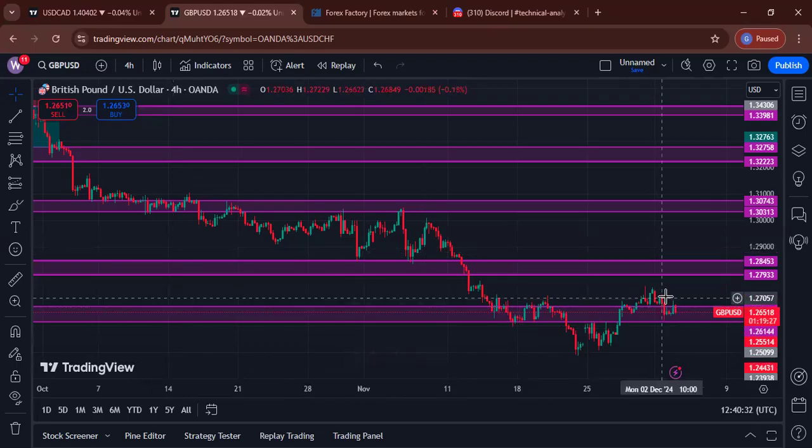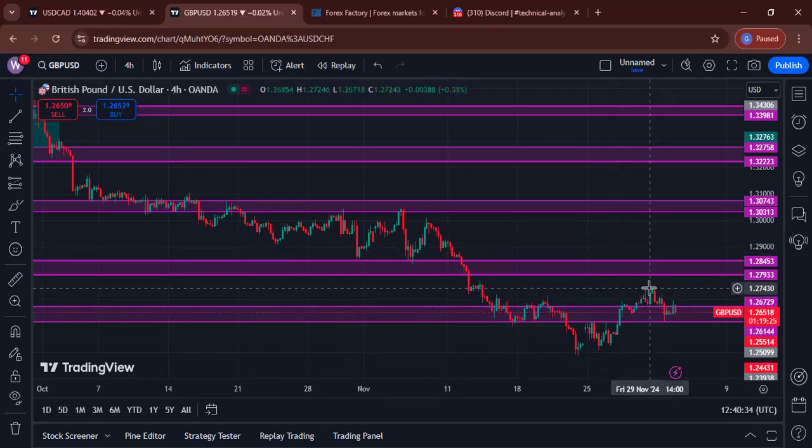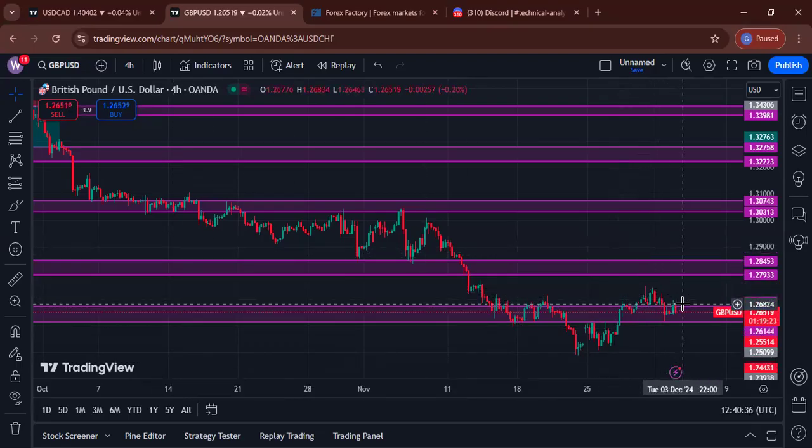Because there's a lot of uncertainty on this kind of pairs, the EU, GU. But when you come to the inverse side, you have USD CAD, USD CHF, USD JPY. Such kind of pairs, you can see we have quite some solid analysis.